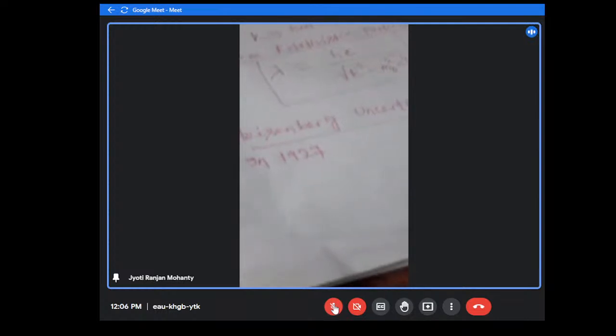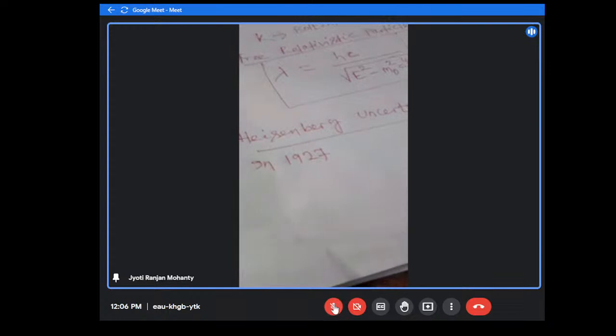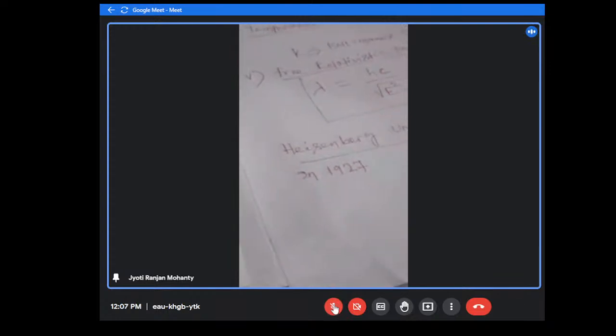Okay. So actually what will happen in quantum mechanics, we are discussing the microscopic particles. The microscopic particles are described by a wave packet which moves with group velocity. In waves we have to study what is group velocity and phase velocity.